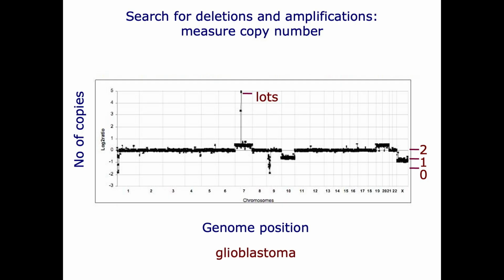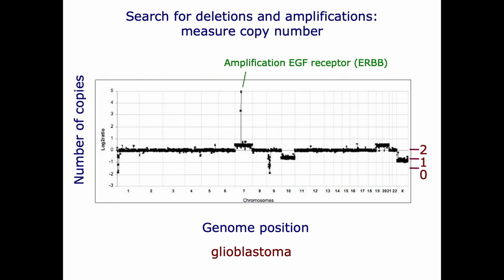The region of the genome which is present in many different copies is an amplified region with lots of copies, and this is where the EGF receptor is. So this glioblastoma has many copies of the EGF receptor gene. It also has an extra copy of chromosome 7, which this amplification is on.